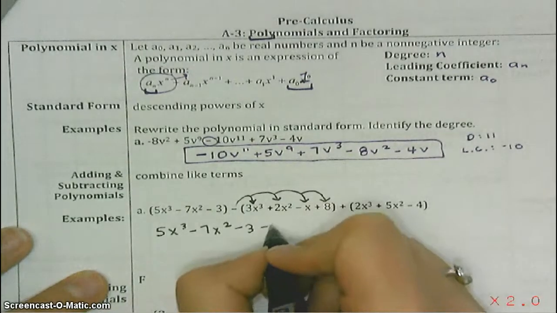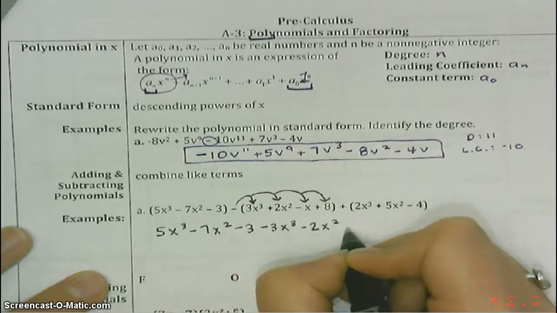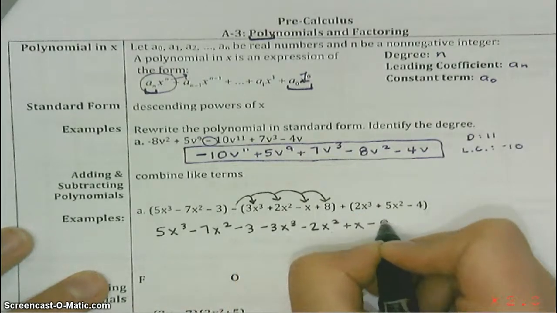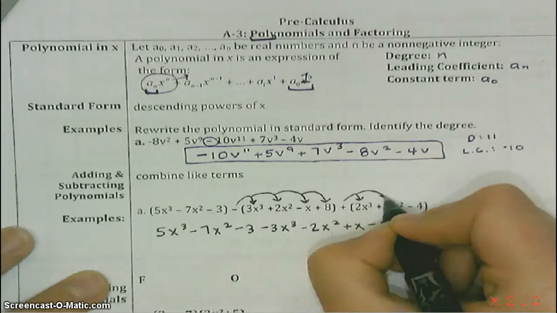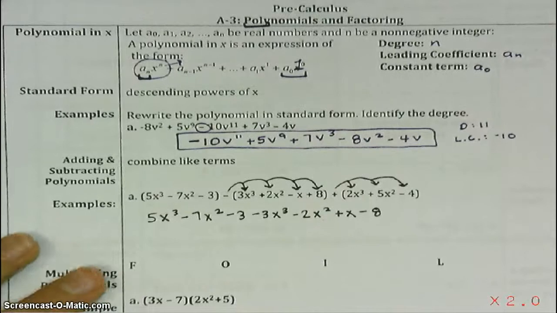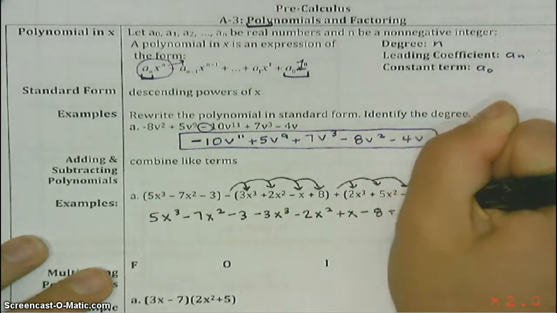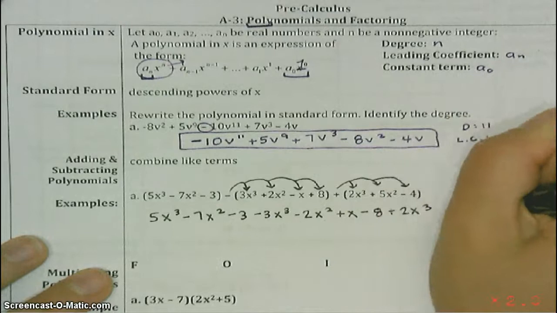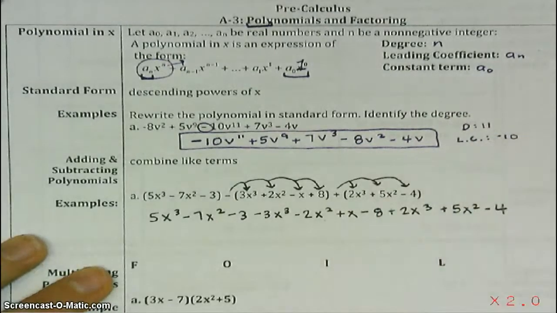So we're going to have negative 3x to the 3rd minus 2x squared plus x minus 8. And then here really we have a positive 1 on the outside, which isn't going to switch the signs on the inside of the third quantity here. So really you can just drop the parentheses: 5x squared minus 4.